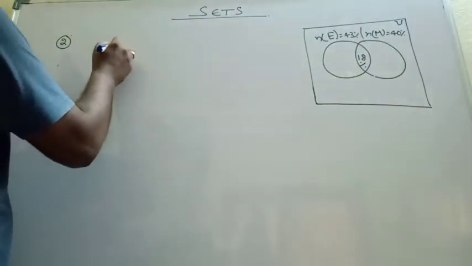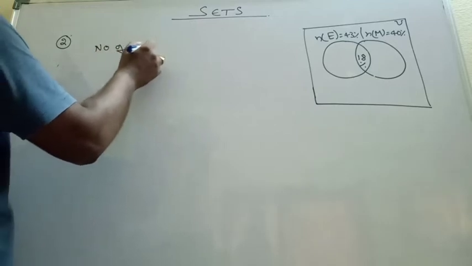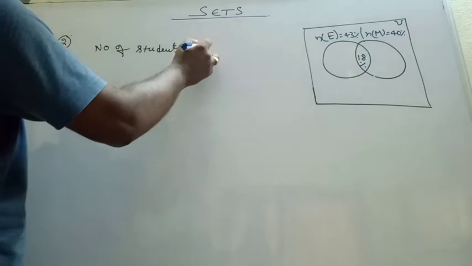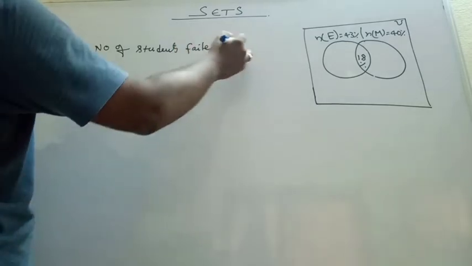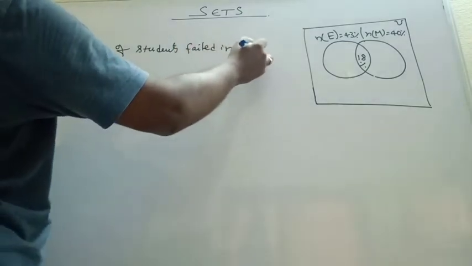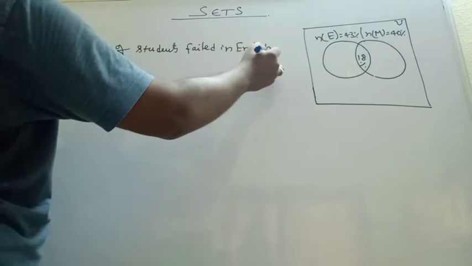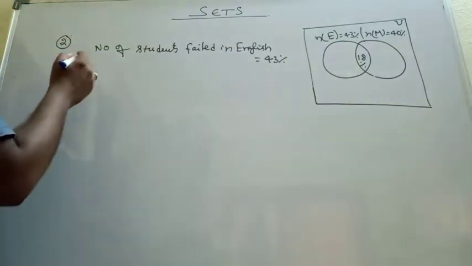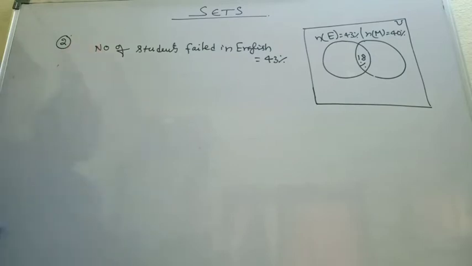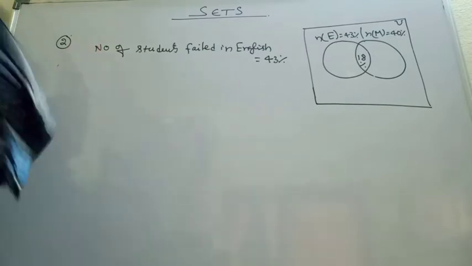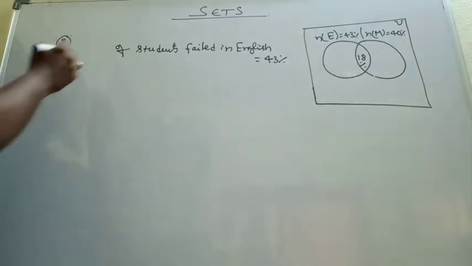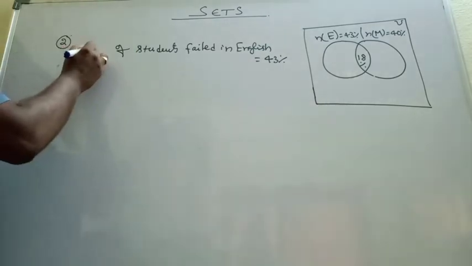Now let us write here nicely: the number of students failed in English is equal to 43%. Otherwise we write the step as the percentage of students, that will carry more meaning. You see here, percentage of students.